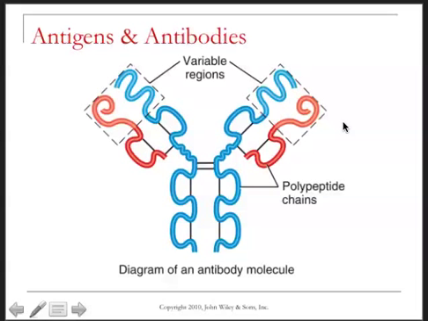You can have the antibody bind to the surface of the pathogen, and that will attract components of the complement system, which will enhance the phagocytosis of the entire complex. You can also, by activating the complement system, produce a cascade of chemical reactions that ultimately results in the lysing of the pathogen by punching holes into the cell membrane.